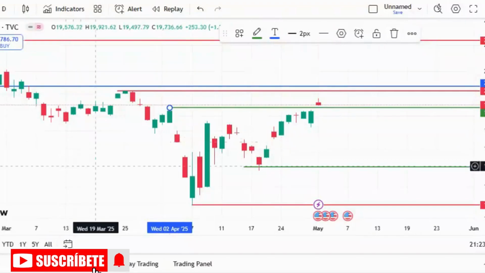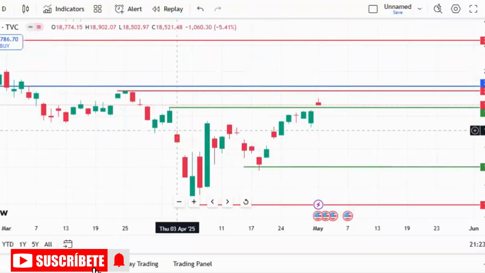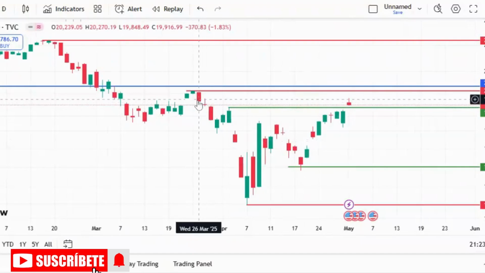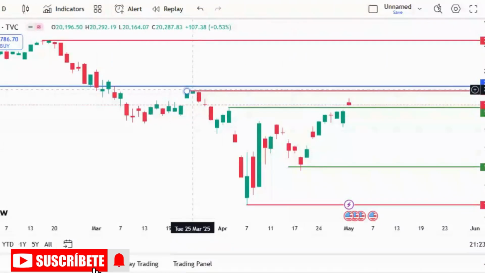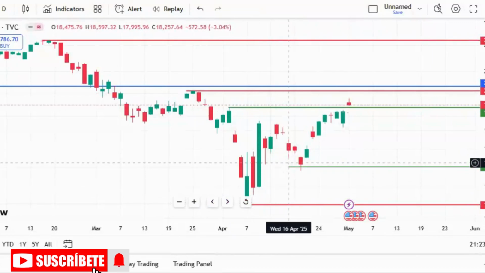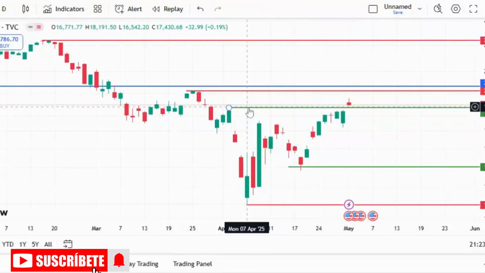As you all can see, these are our key areas marked so far: the weekly resistance, weekly support, daily support and daily resistance.